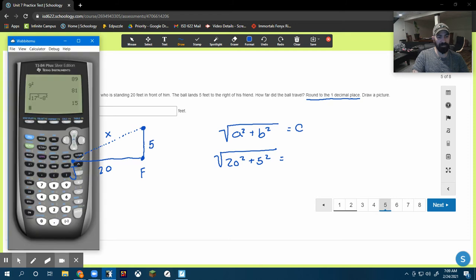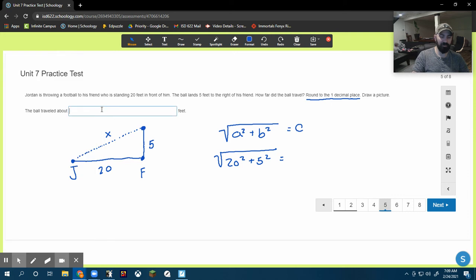We're going to bust out our calculator again and do the square root of 20 squared plus 5 squared. That's going to give us a big long number. We have to round to 1 decimal place. So our answer is going to be 20.6.